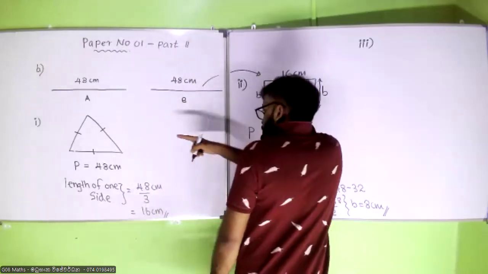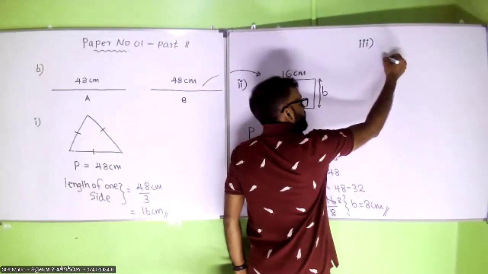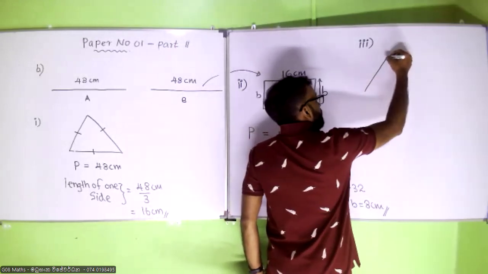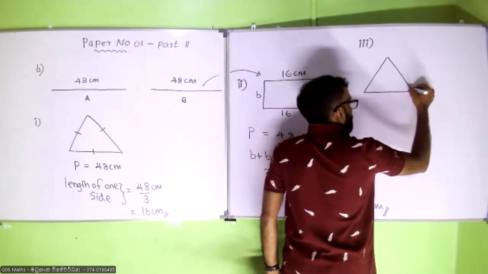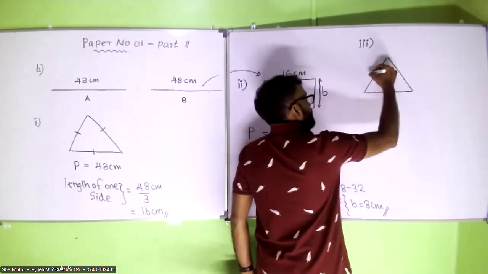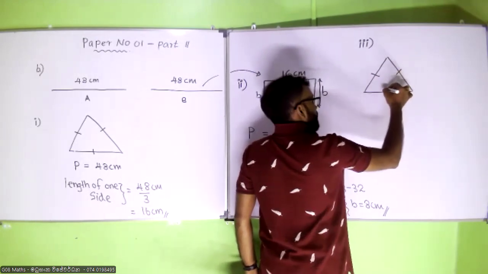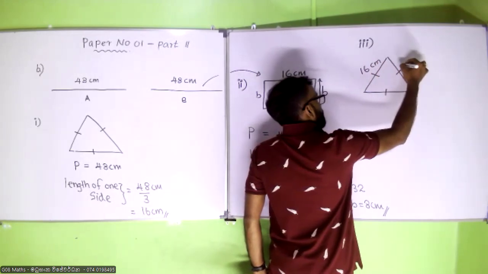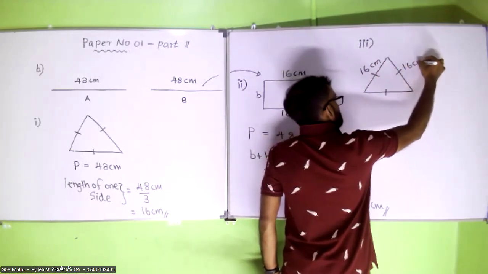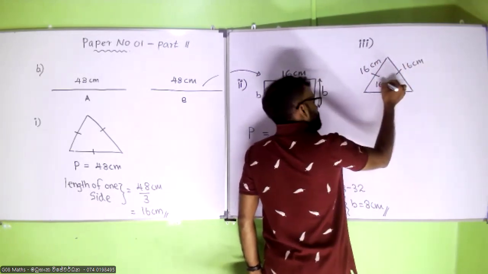So I am going to draw that triangle here, same side, same thing. This is my equilateral triangle. This side is 16 centimeters, this side 16 centimeters, and this side also 16 centimeters.